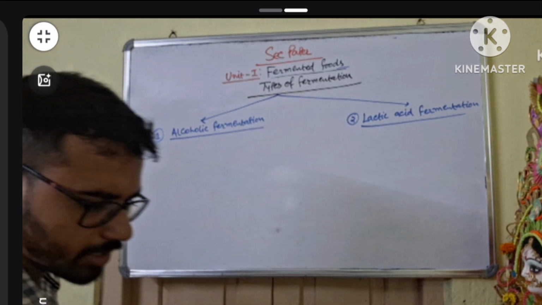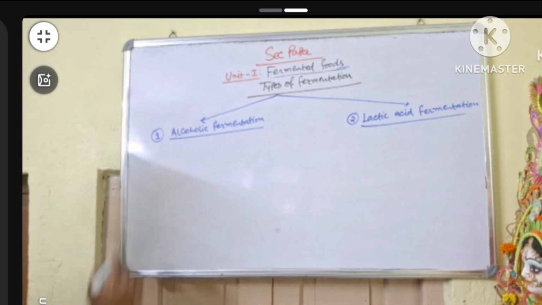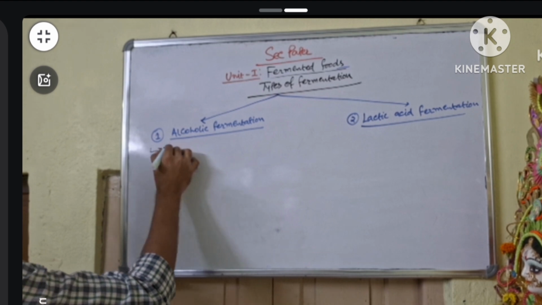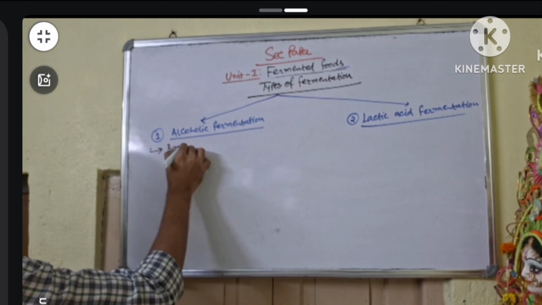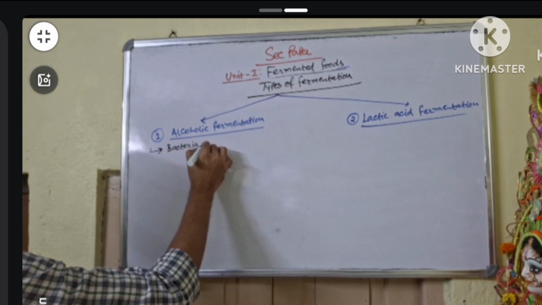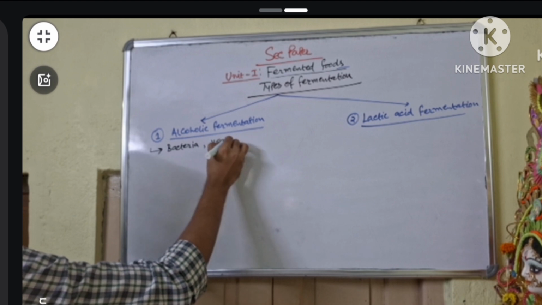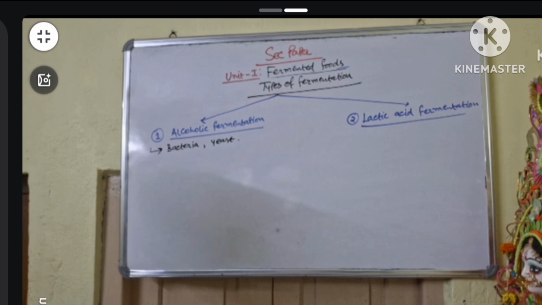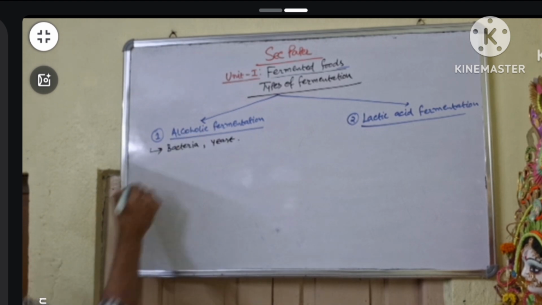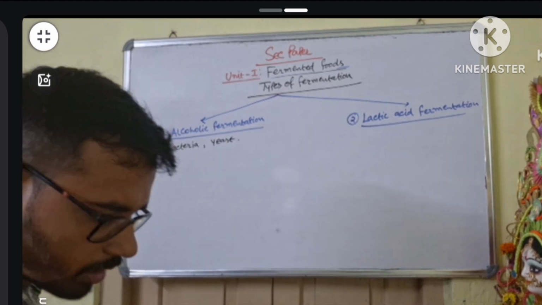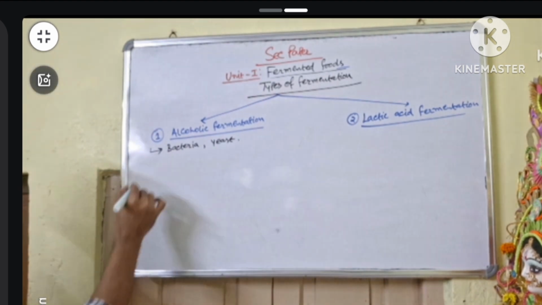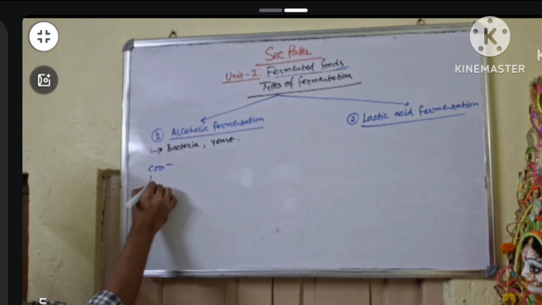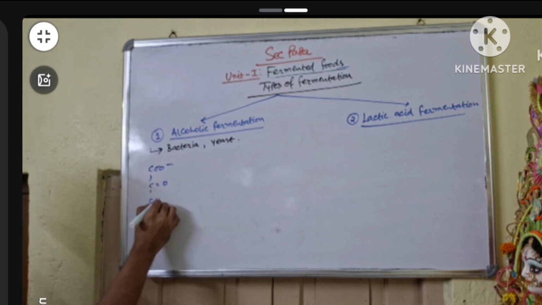Alcoholic fermentation is done by some bacteria, mainly yeast, where yeast converts pyruvate. The pyruvate structure is a 3-carbon structure, COO minus, C double bond O, CH3.